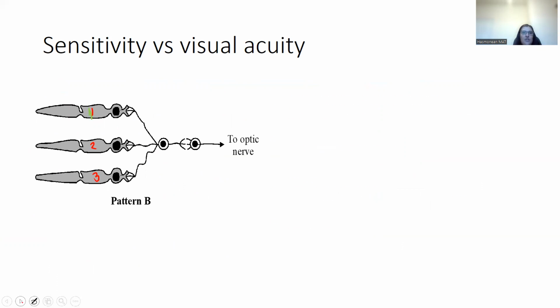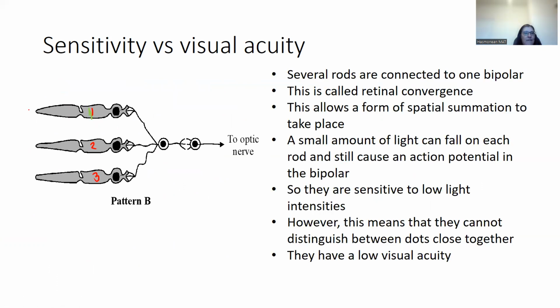Now that has its advantages because it means that if a small amount of light falls on each rod, the retinal convergence, which is what we call this, or the summation, is going to be enough that you're going to reach the threshold and generate your action potential, because the neurotransmitter is going to mean that we have enough of a threshold potential to reach our action potential.